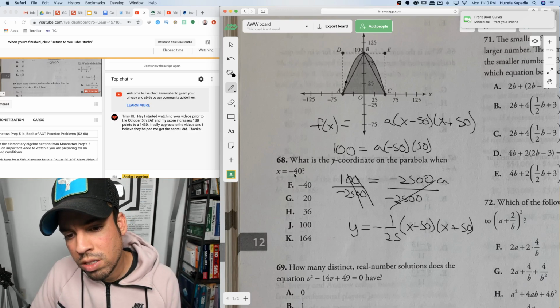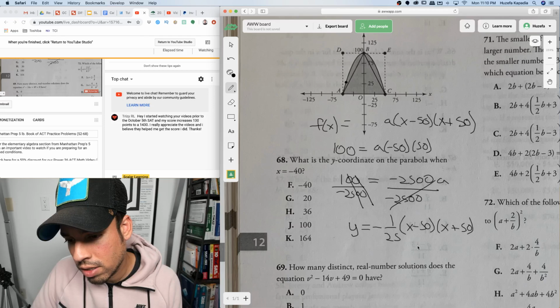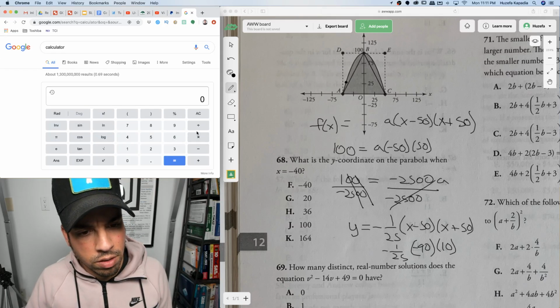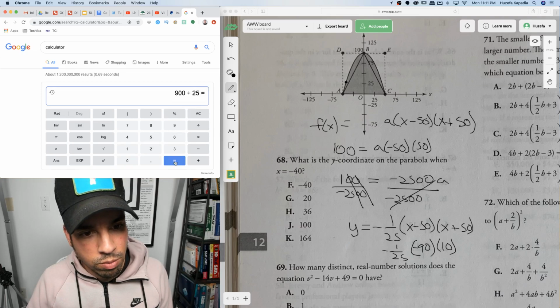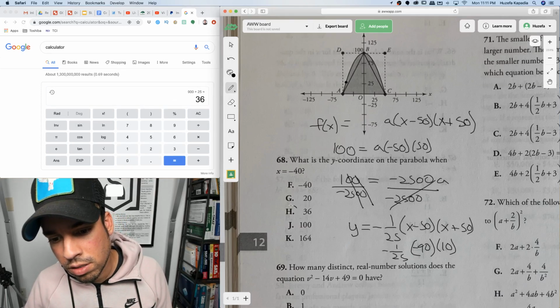And we want to know the value when x equals negative 40, so I just plug it in. Negative 40 minus 50 is negative 90. Negative 40 plus 50 is 10, and then 1/25 times 900, which is basically 900 divided by 25, which is 36. That's a pretty hard problem.